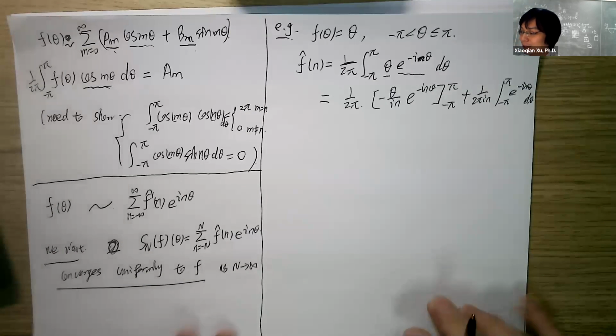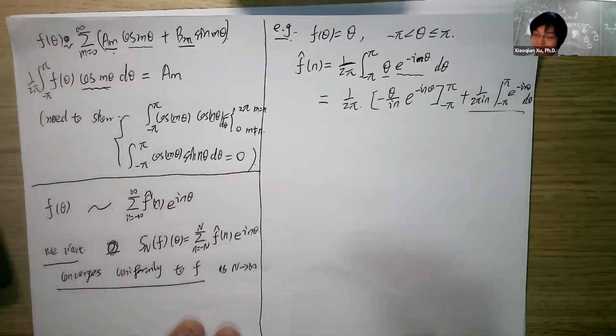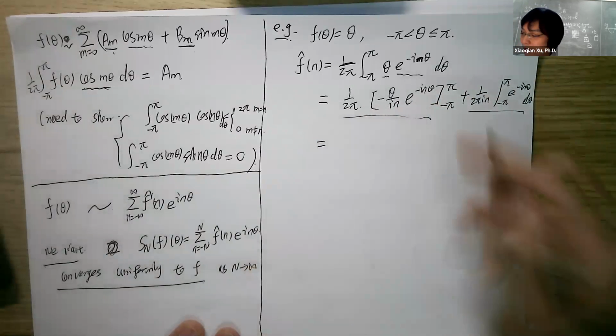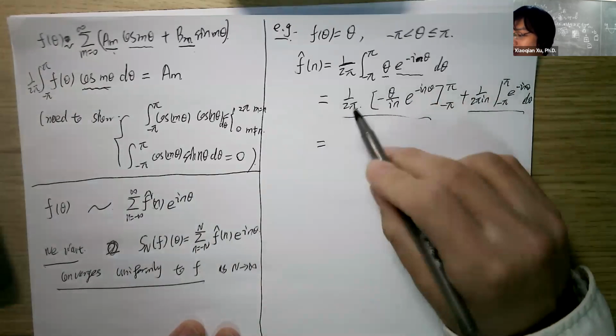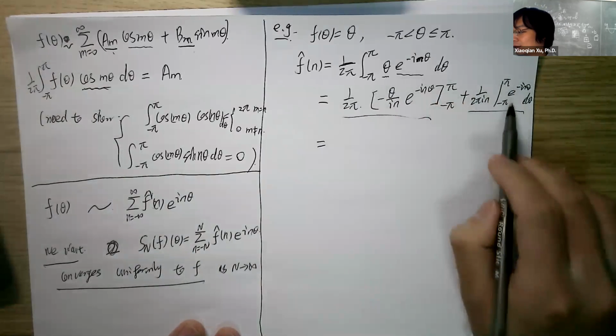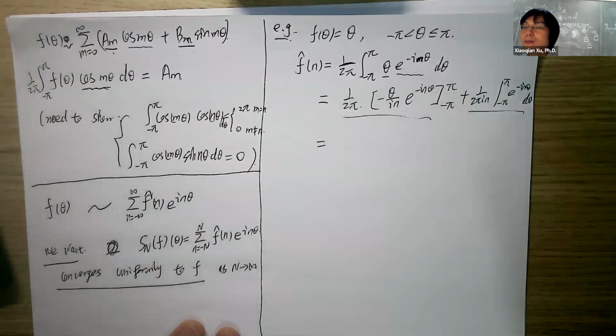This part is easy, you just plug in. If you plug in, this part disappears, because this one is of period 2 pi, so again it will disappear.